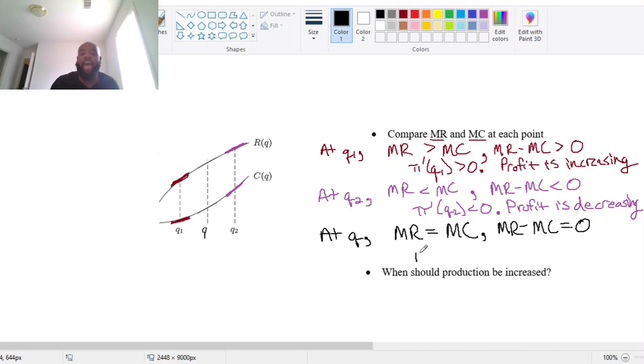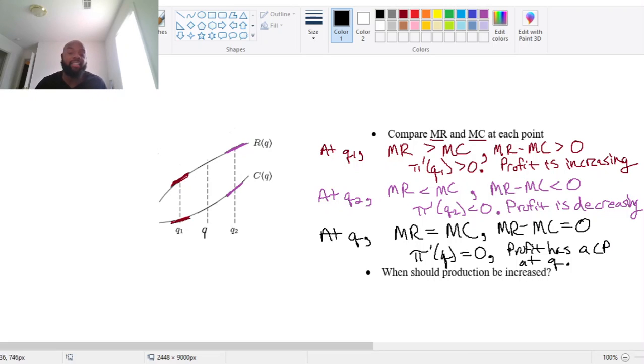And when I have that, I know that pi prime, the derivative of the profit function, is 0. So when the derivative is 0, we know that we have a critical point.